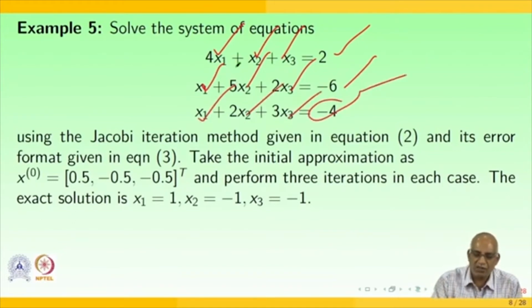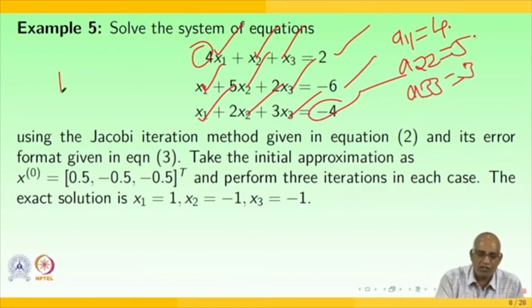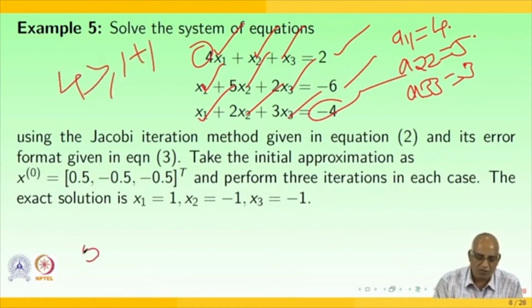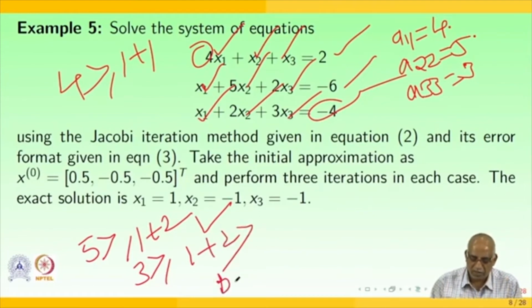If you look at this, a11 is 4, a22 is 5, a33 is 3. So 4 is greater than or equal to 1 plus 1 in the first row, 5 is greater than or equal to 1 plus 2 in the second row, and 3 is greater than or equal to 1 plus 2 in the third row. So that means diagonal dominance is obtained.